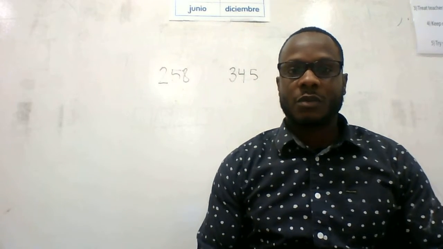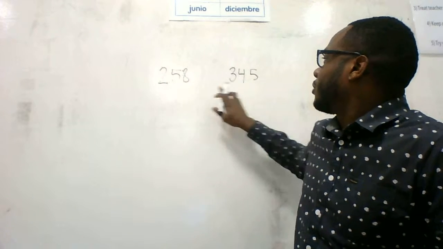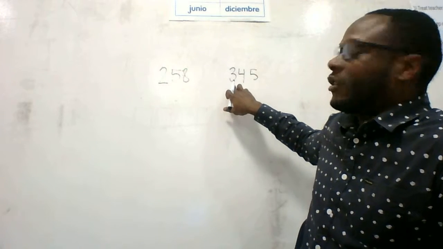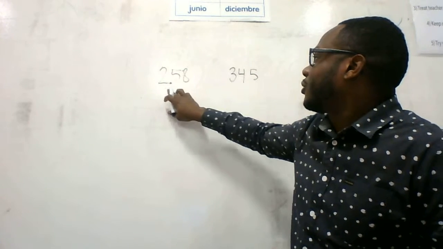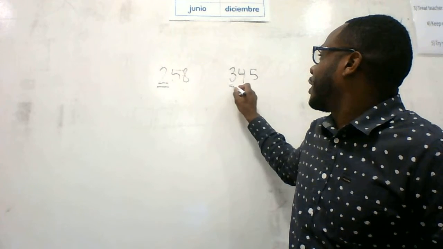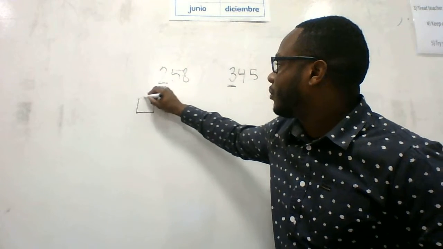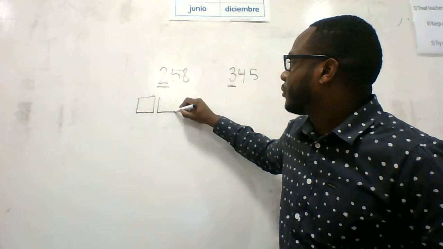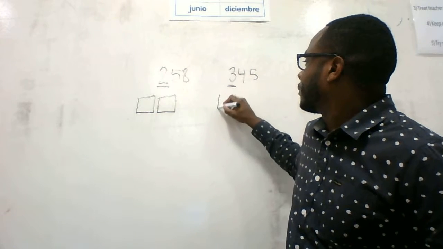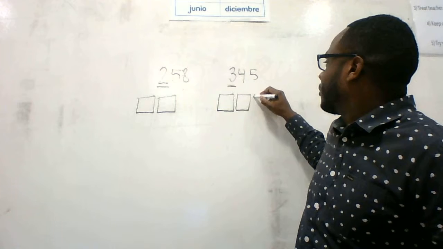Now to compare these numbers, we want to start with the hundreds place like we did in the last section. So we look here, this one has 2, this one has 3. So we have 200 place blocks, and on this side we have 300 place blocks.